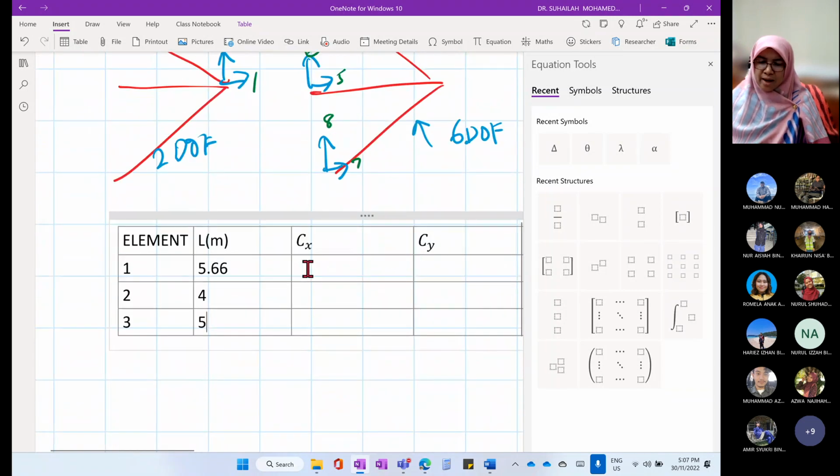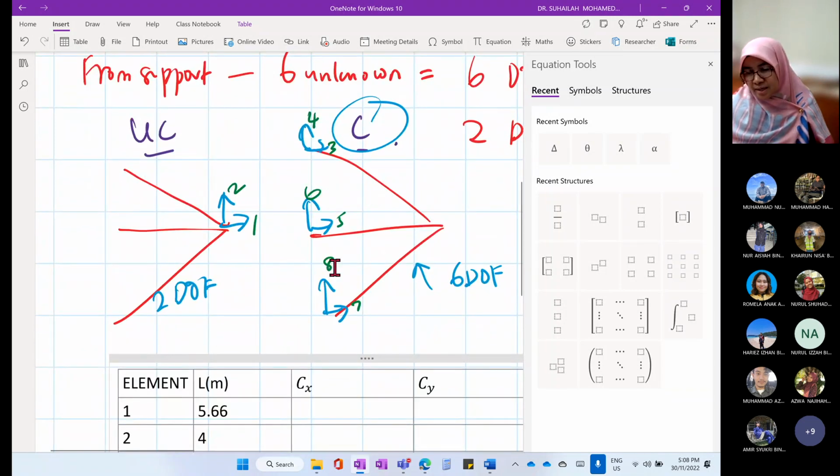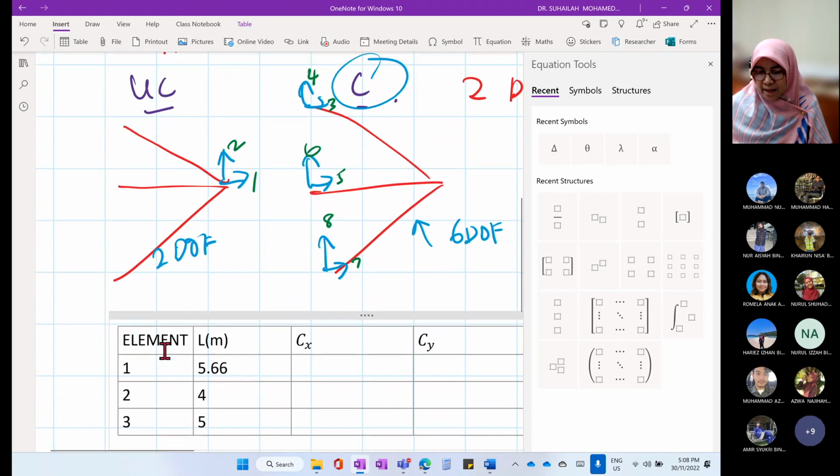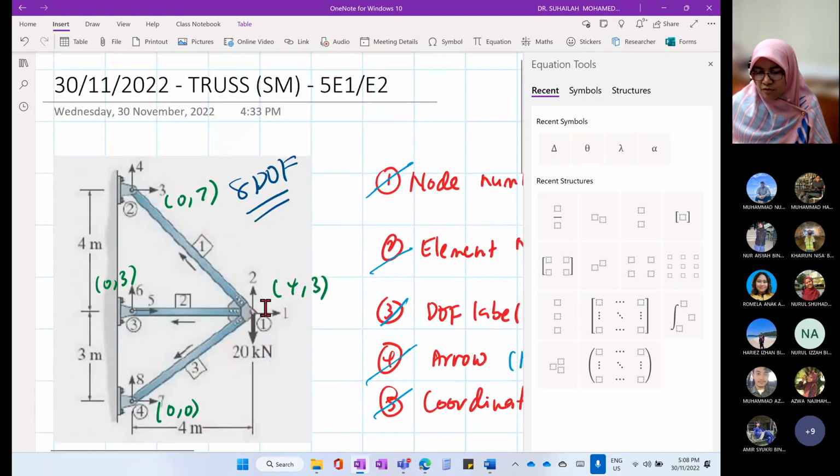Okay, Cx and Cy. In order to calculate Cx and Cy, we have to refer to the coordinate. For Cx, look at x coordinate. For Cy, look at y coordinate. It is far minus near. So that is why the arrow is important. For example, element number 1 consists of node number 1 and node number 2.